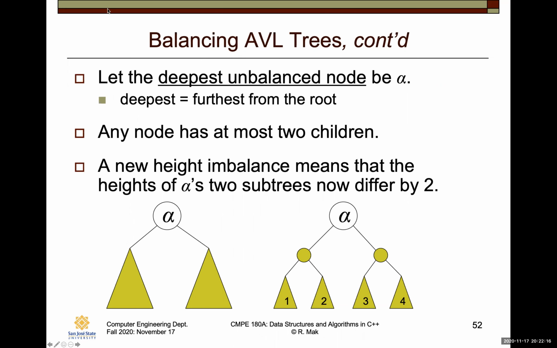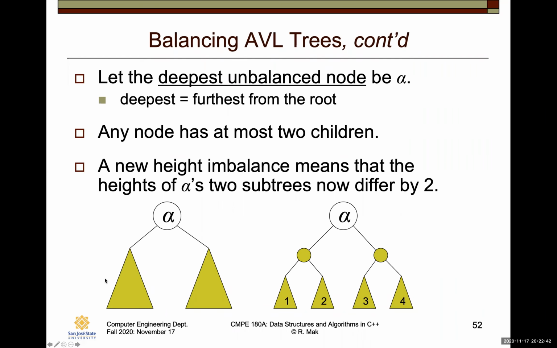Now remember, this is a binary search tree, so it has at most 2 children. And that means that if alpha is that poor node that has become unbalanced, of its two children, one of them now has a height that is 2 greater than the other tree.